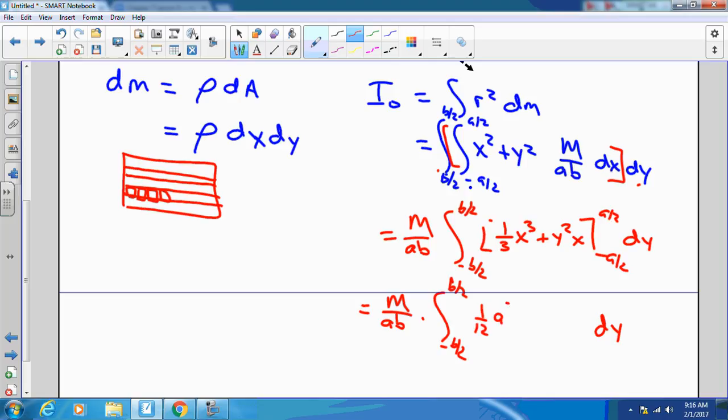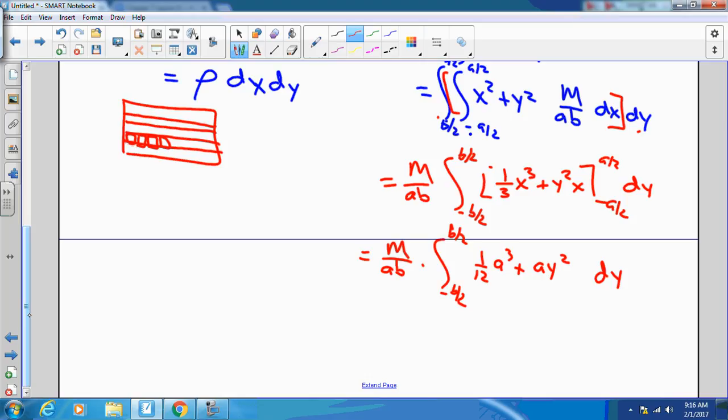That's going to give us, let's see, 2 times 1/3, so it's going to be 1/12 of a cubed plus 2 times 1/2 plus a y squared. Well, let's finish this out.